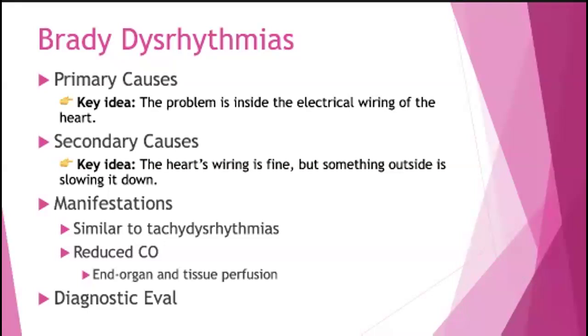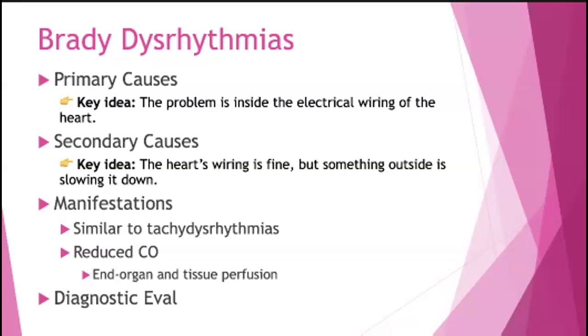Acidosis or severe metabolic disturbances, increased intracranial pressure, hypothermia, medications or toxins like digoxin, beta blockers, calcium channel blockers, or opioids. Remember, little babies are on the floor, and if they're at somebody's house who's on one of these meds and they drop it on the floor, the kid can easily pick it up and put it in his mouth.